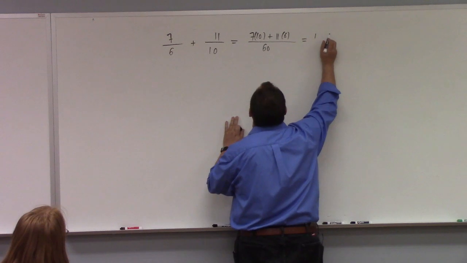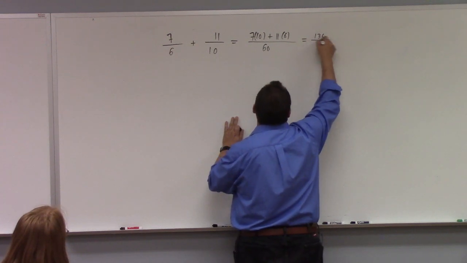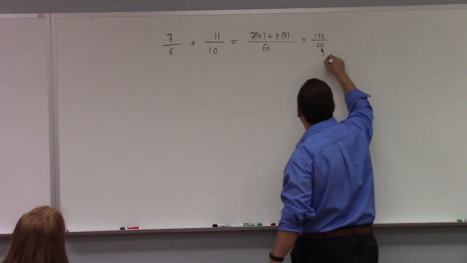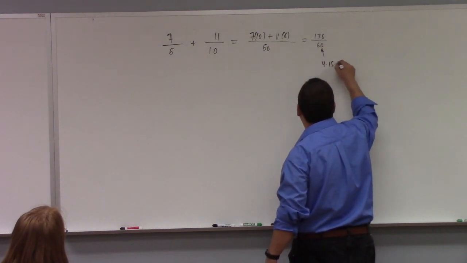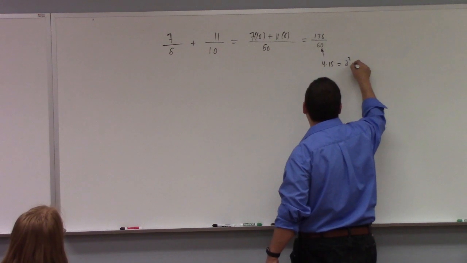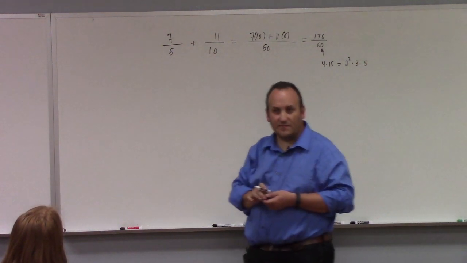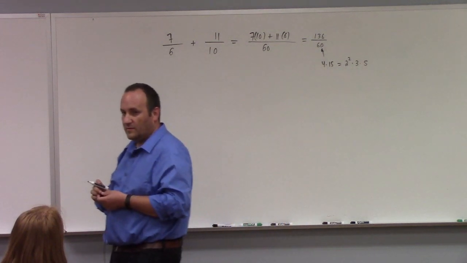Can't do math. 136? Okay. Now that would be a little bit disconcerting because that is 4 times 15, aka 2 squared, oh no, times 3 times 5. Very much not of the form we want in the group.